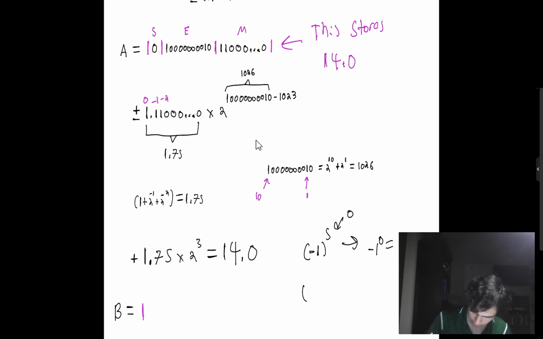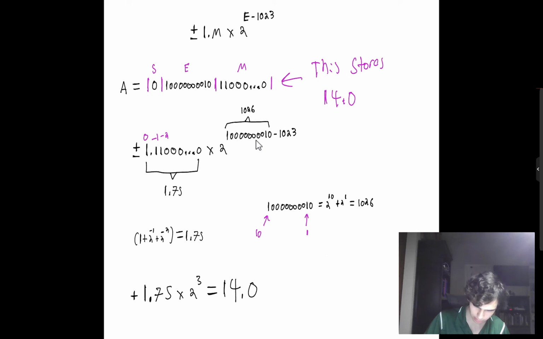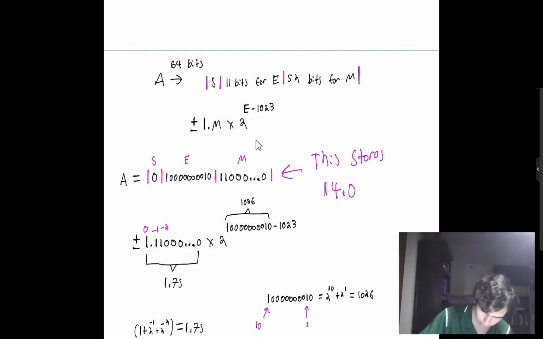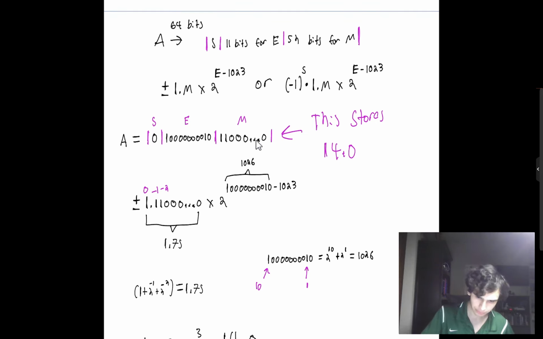If it's negative 1 to the 1, then the whole thing becomes negative 1.